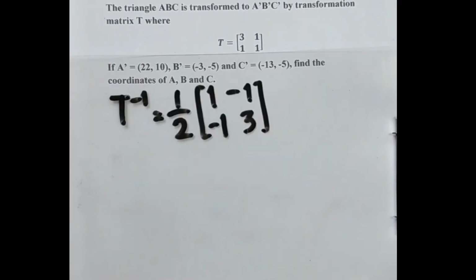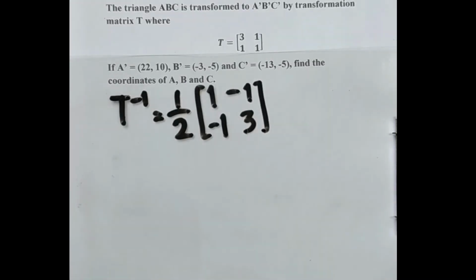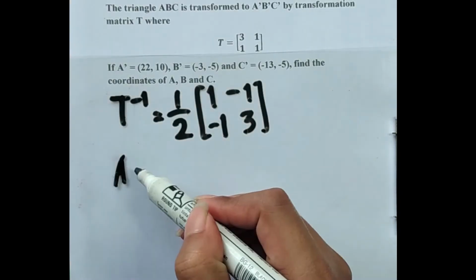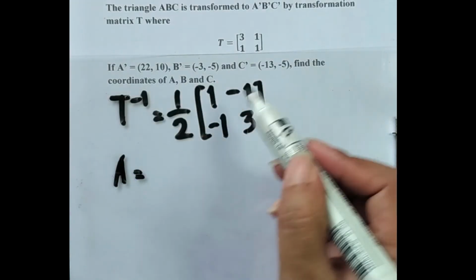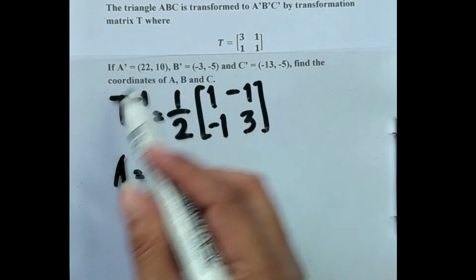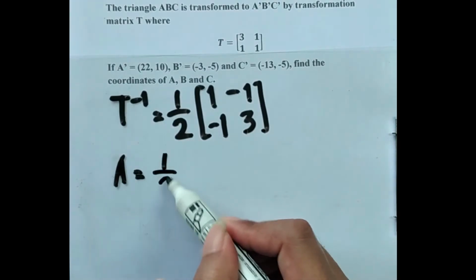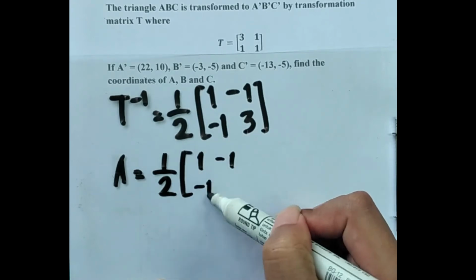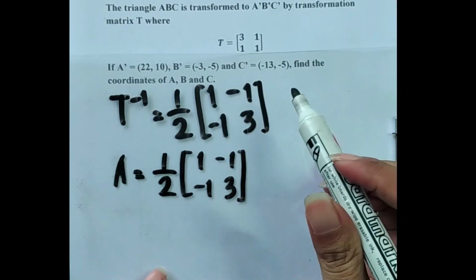So, after we found the inverse of T, we just find A by multiplying the inverse of T with this number, multiplied by A accent.